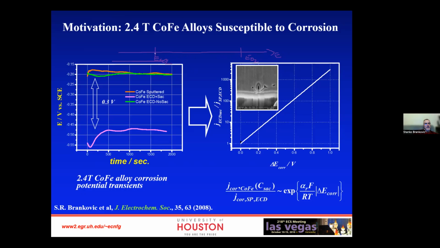This is a log scale, log current. These alloys corrode under activation control, which means this is a straight line in a log plot. This is the curve that shows the oxygen reduction reaction, where the intercept is the corrosion potential.